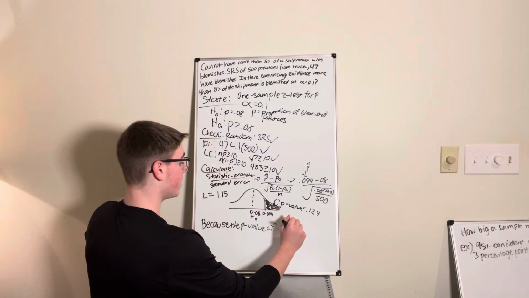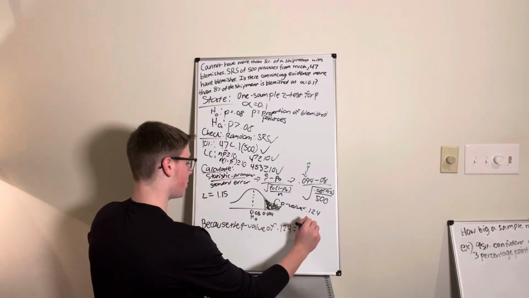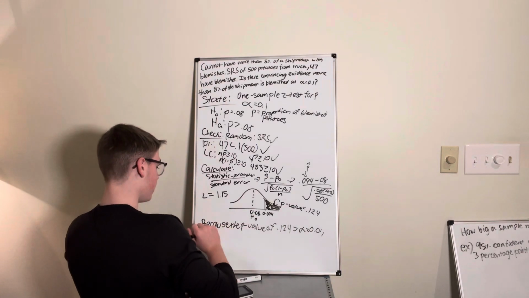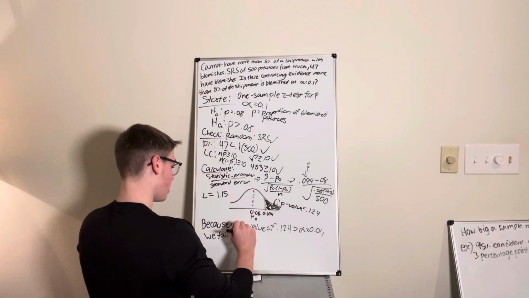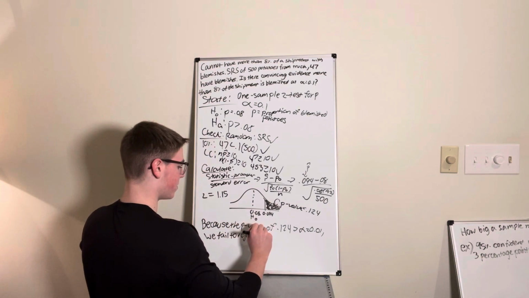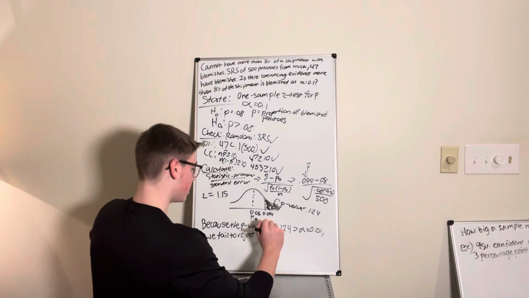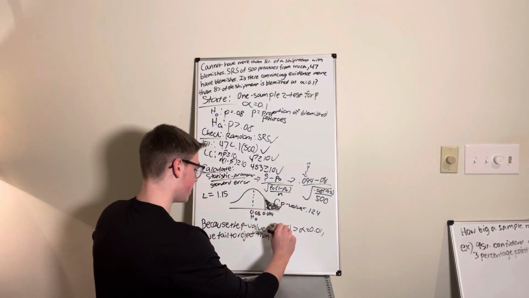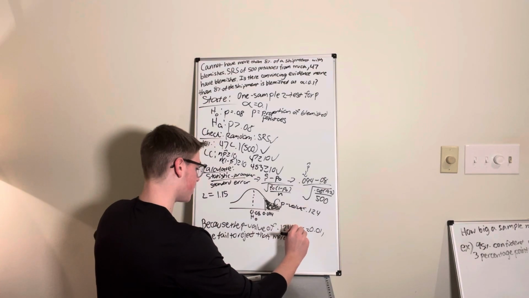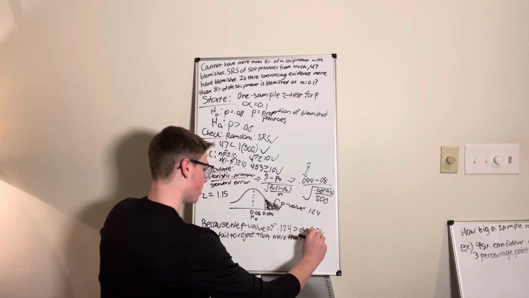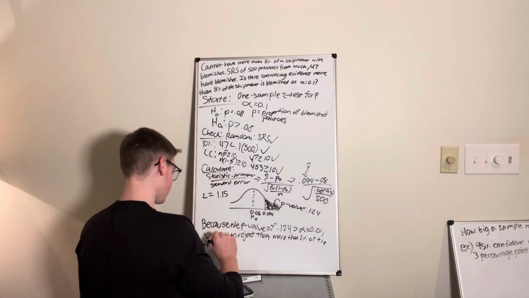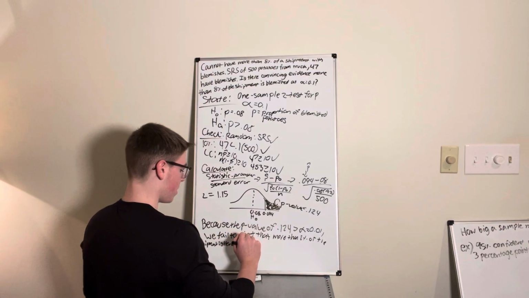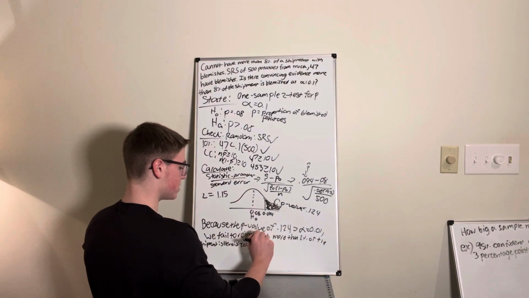It is greater than the alpha, comma, we fail to reject that more than 8% of the shipment is blemished. Oh my gosh, I can't write. And we do not have convincing evidence.